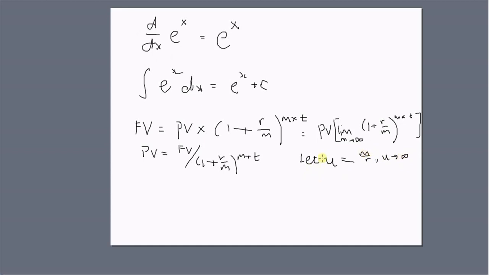So this can be written as present value times the limit as u tends to infinity of (1 + 1/u) to the power of mt, so it becomes (1 + 1/u)^(urt).